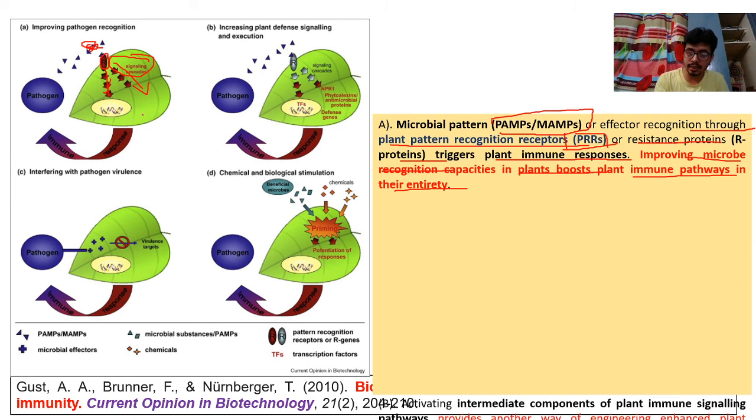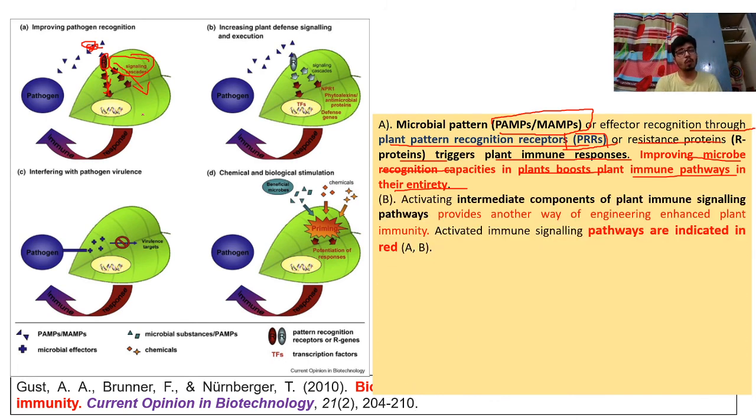Now in the second case, what are they doing? They improve an intermediate component of the plant immune signaling pathway in another way. If this pathway is blocked, the plant can recognize another cascade of reactions, and this cascade is known as the pathogenesis-related protein, NPR1.